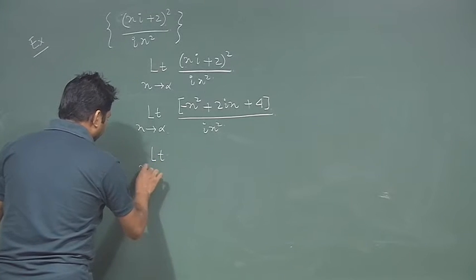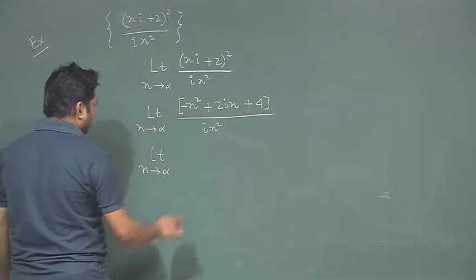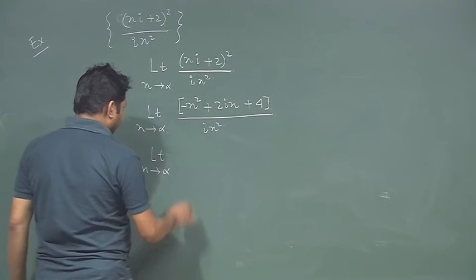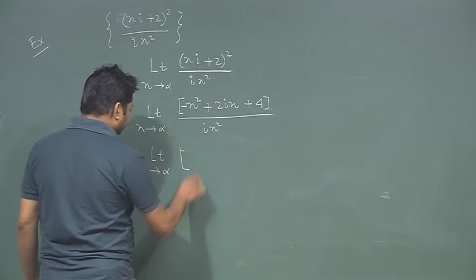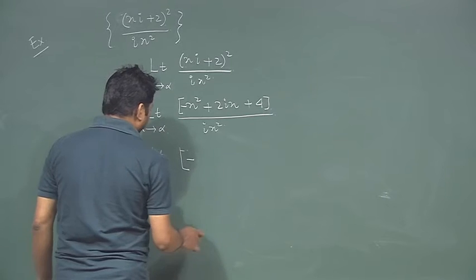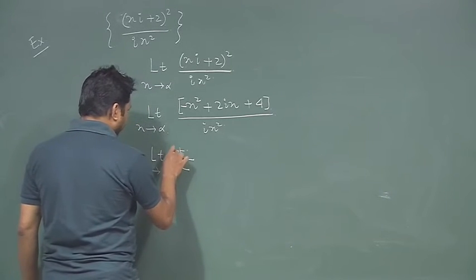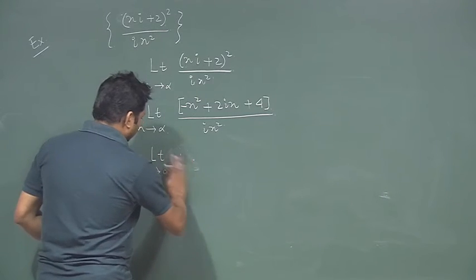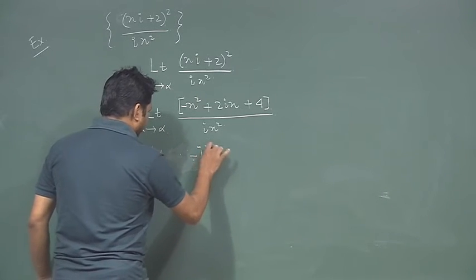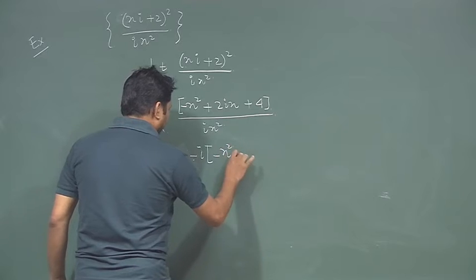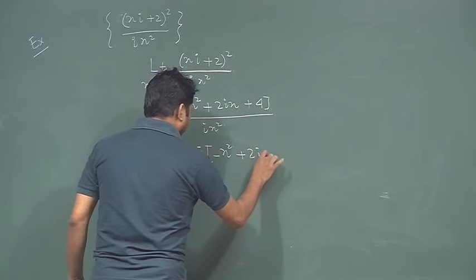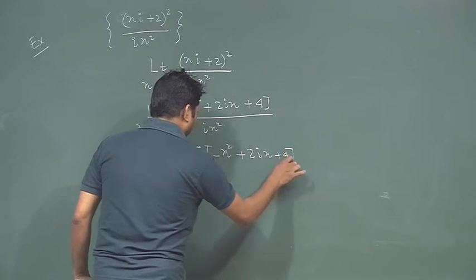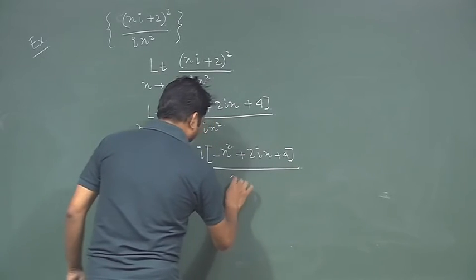So, limit n tends to infinity, if I multiply with I, then it will be minus I into minus of n square plus 2 I n plus 4 divided by n square.